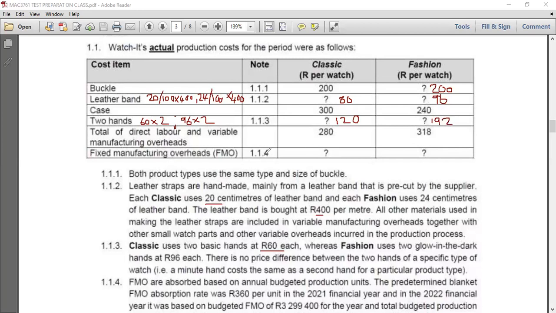Then the fixed manufacturing overheads, you would have calculated that. Was it 390, or the overhead absorption rate?